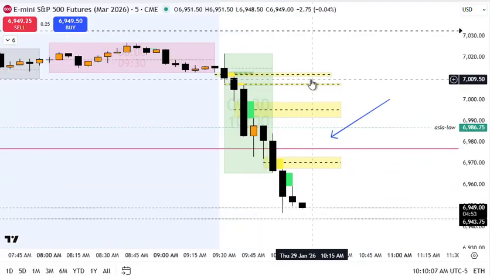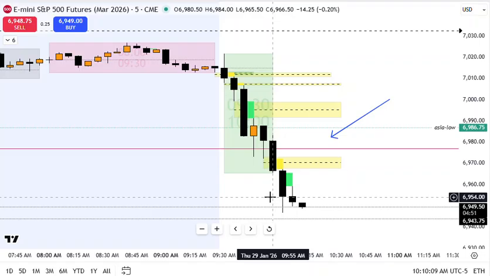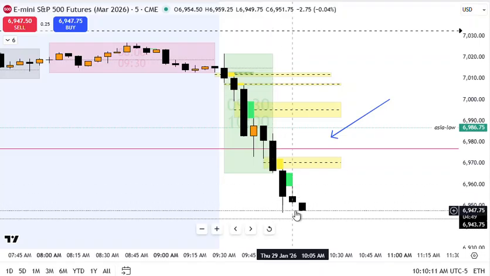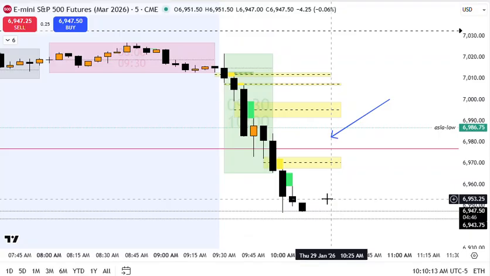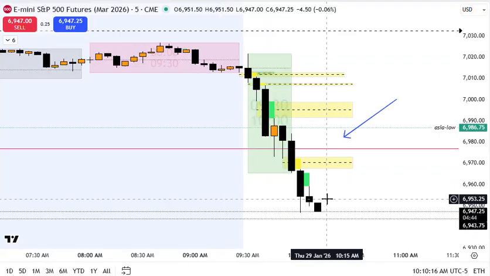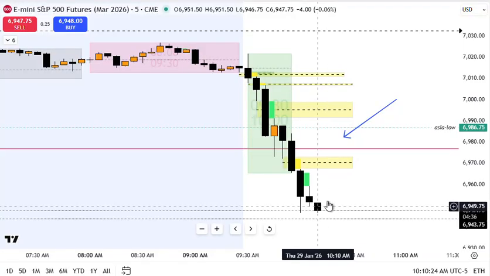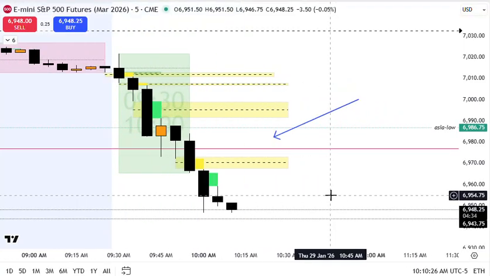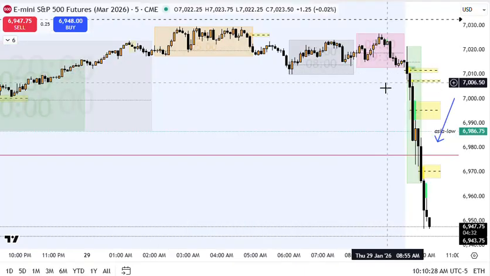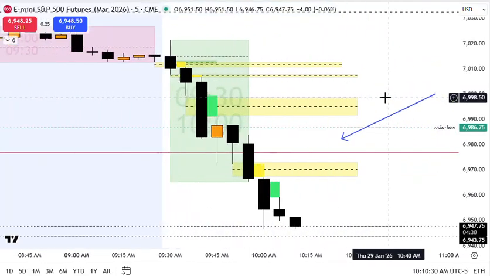Okay, we formed a swing low. Now we are breaking that swing low. So we've got to wait. That's the model, guys. We have to wait for that swing low to be formed. What do we have now? Let's just have a proper look.